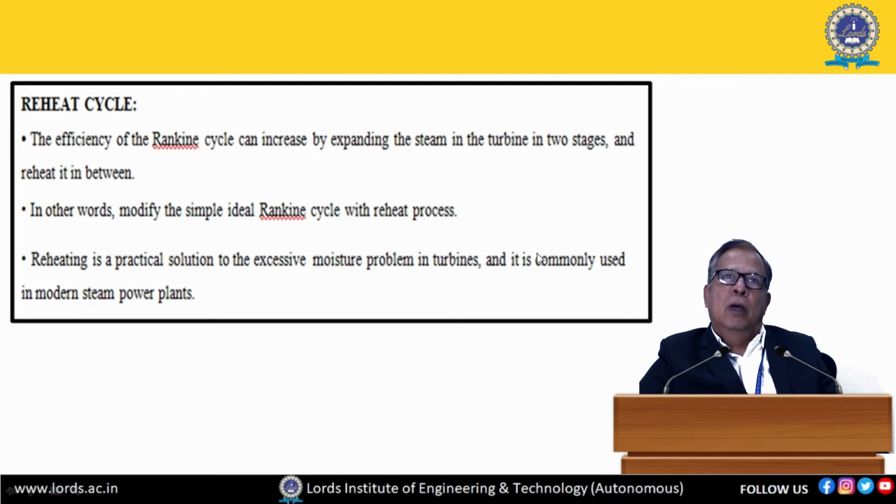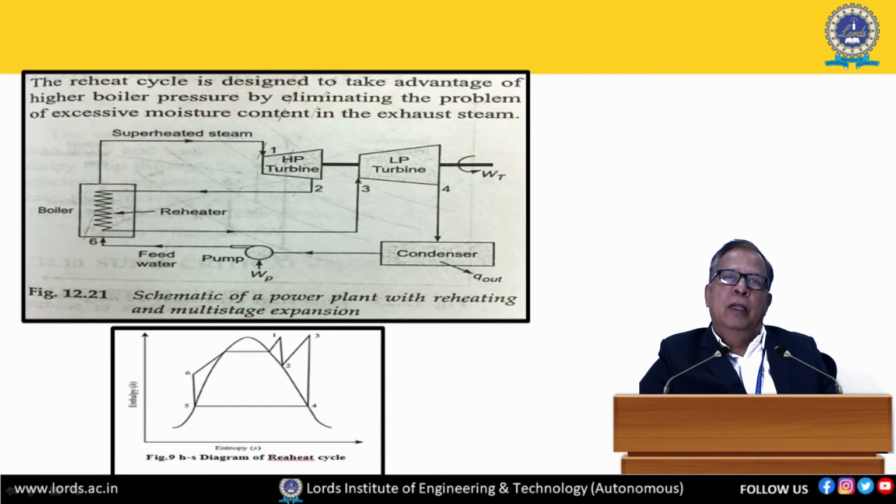Then this steam is expanded partially in the HP turbine, and that partially expanded steam is passed into a reheater in the boiler, and again it is reheated to the inlet temperature of the HP turbine. At the same temperature it is heated, and then it is expanded in the low pressure turbine to the final condenser pressure.